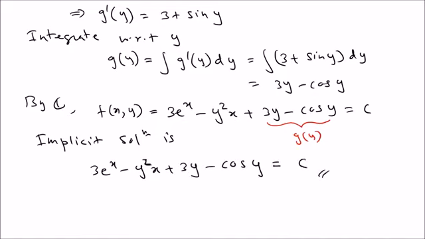So that is the implicit solution for y. Since we have the cosine y term and the y squared term, there's no way you can solve this for y. But if you did not have the cosine y term, then you could solve for y, because you can use the quadratic formula. But since you have the cosine y term, we cannot solve. Good. So this is how we solve an exact differential equation.